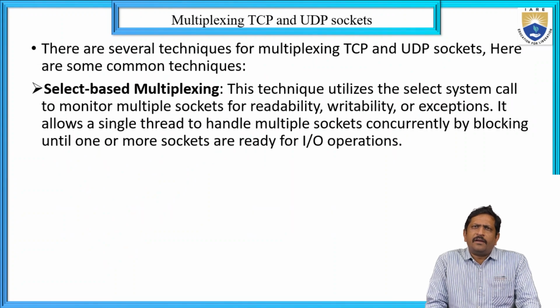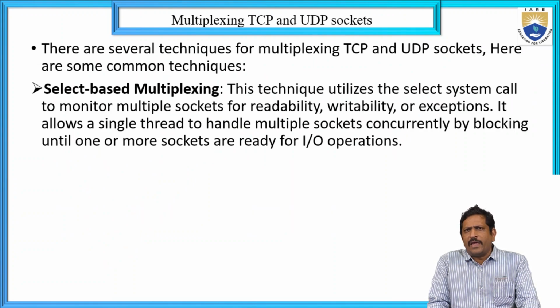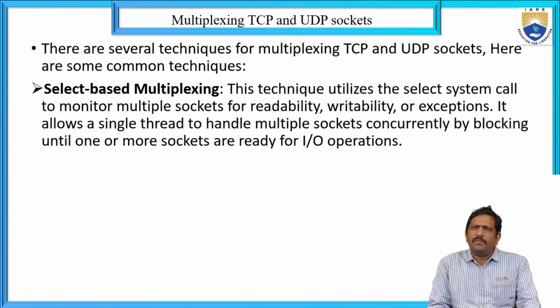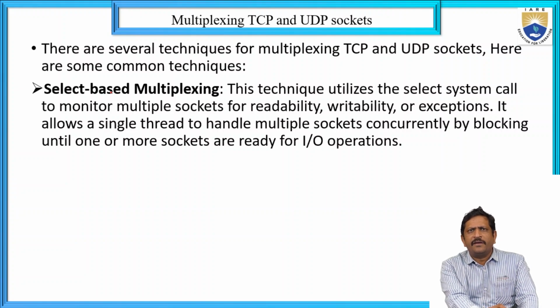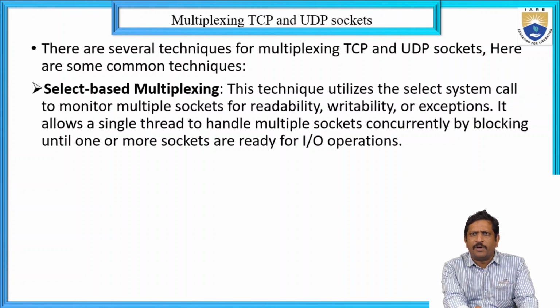Here there are several techniques that can be utilized for multiplexing TCP and UDP sockets. Some of the common techniques are select based multiplexing. That is, select means the signals you are selecting for multiplexing purposes.